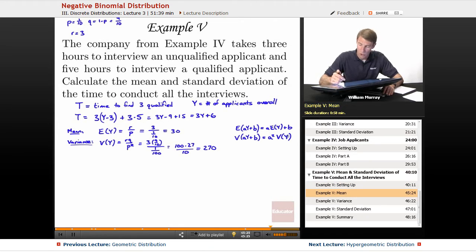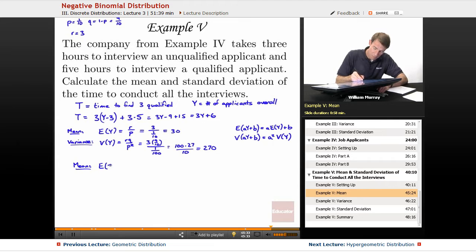So we're going to use those two values to help us calculate the mean and the variance of T. So E of T, remember T was 3y plus 6. Work that out up above there. E of 3y plus 6, which using my little formula over there is, the a is 3.